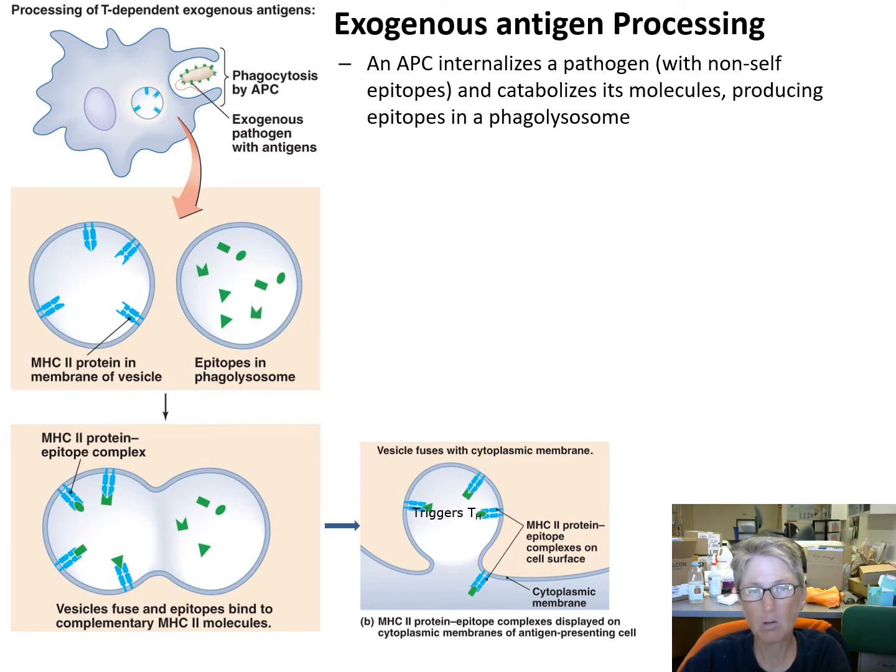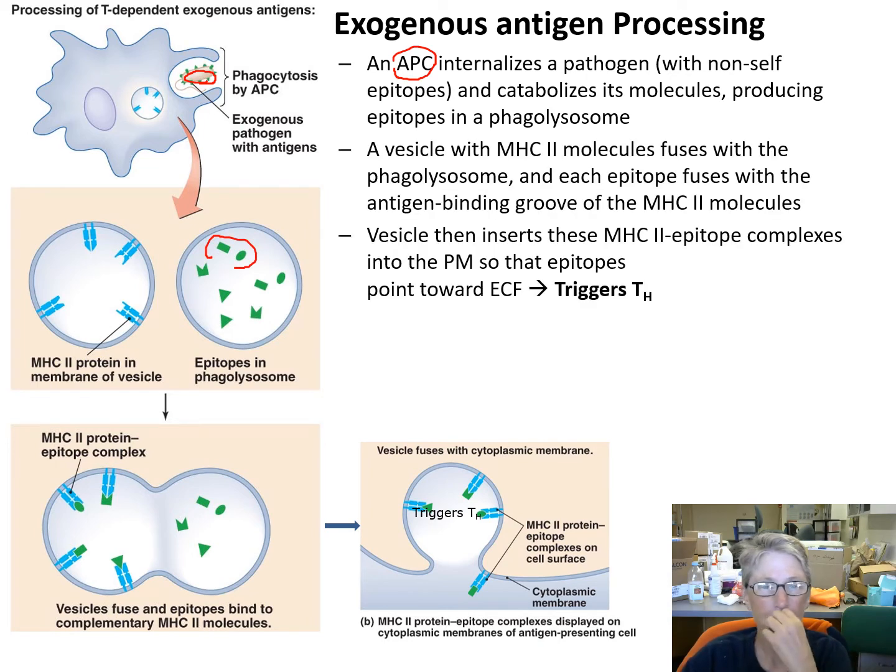Exogenous antigen processing. An antigen presenting cell internalizes a pathogen, and this pathogen here has non-self epitopes on it. It breaks down the pathogen and produces all the epitopes in the phagolysosome. Then it fuses with the vesicle with the MHC2 proteins, and you get a vesicle that goes to the plasma membrane of the cell.